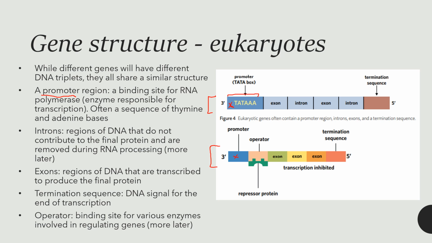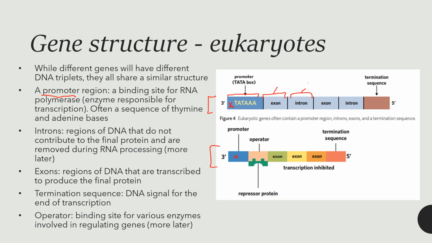We then, of course, have our introns and exons, which we learned about in our last lesson, but in a little bit more detail. We've got our exons here and we've got our introns here. So remember that exons are the coding regions. These are the regions that are going to be transcribed into a protein. And then we have our introns, which are not needed for protein production.